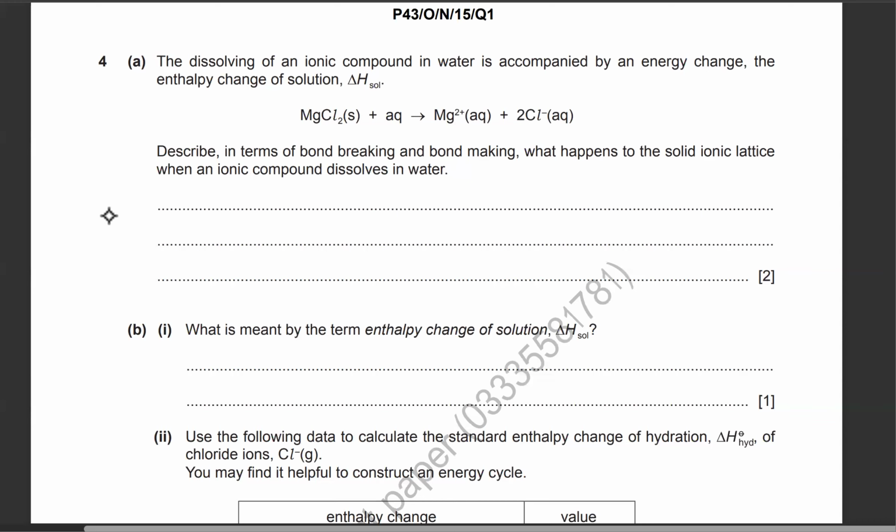Describe in terms of bond breaking and bond making what happens to the solid ionic lattice when an ionic compound dissolves. So basically, you just have to tell the whole process, which is you break the lattice. So the ionic lattice needs to be broken. That's the first thing, and gaseous ions are formed.